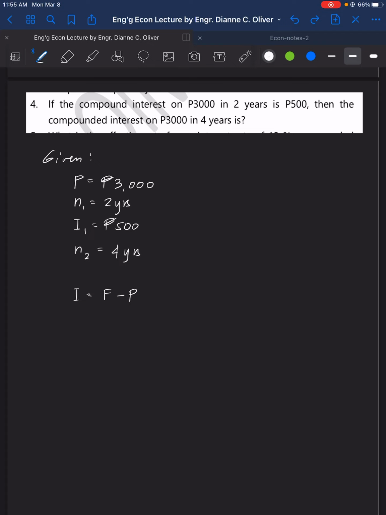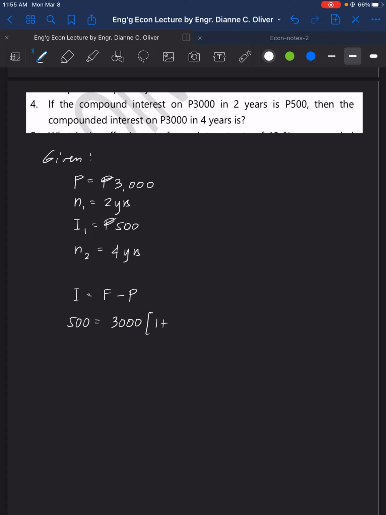So for the first one, for the 2 years, we have 500 pesos, and that is equal to the future worth formula, 3,000 times 1 plus I.